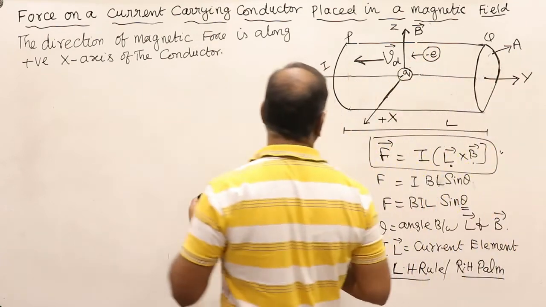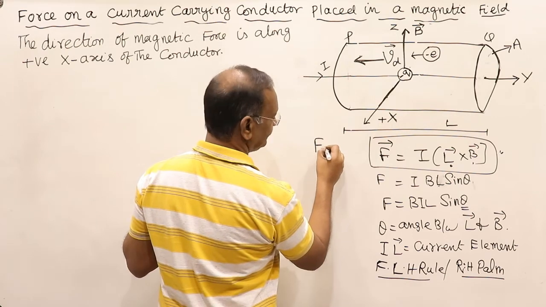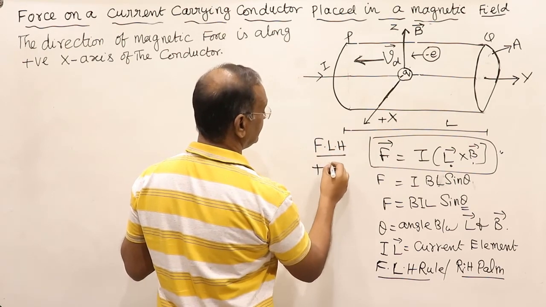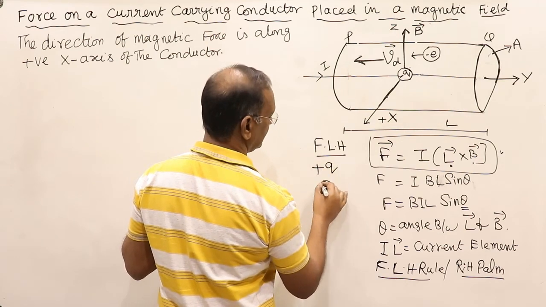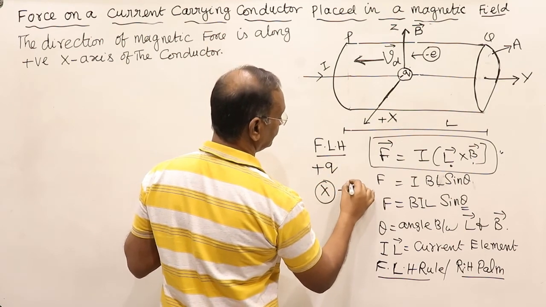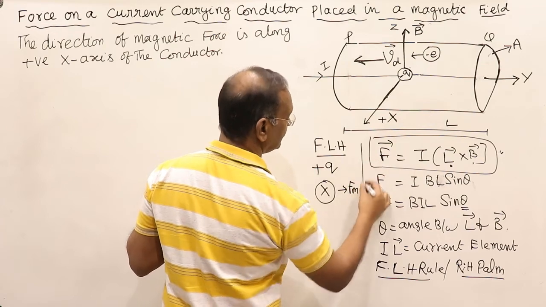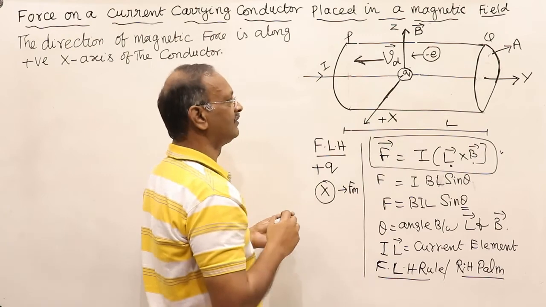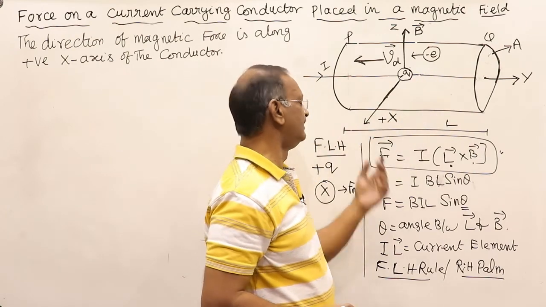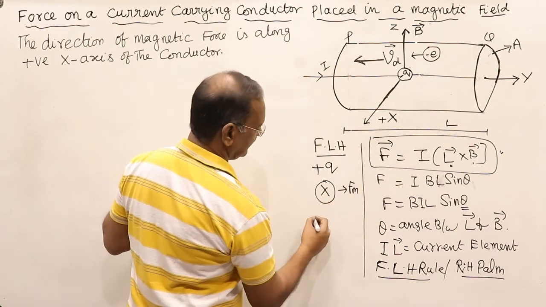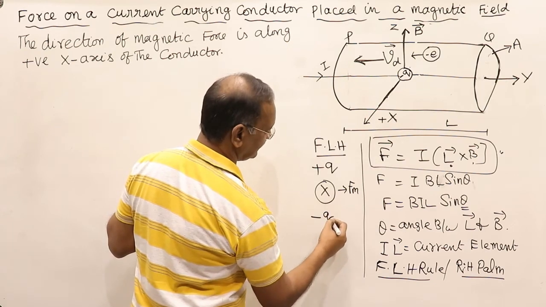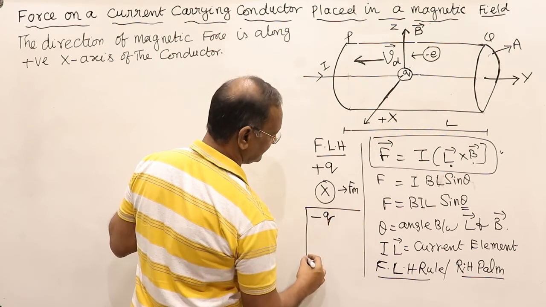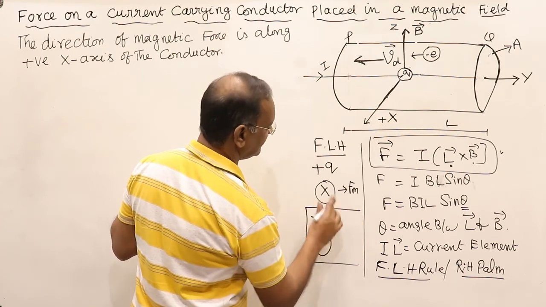That means, with Fleming's left hand rule, for a positive charge the force is inside. Now here the charge is negative because the electron is drifting like this, so it will be in the opposite sense.